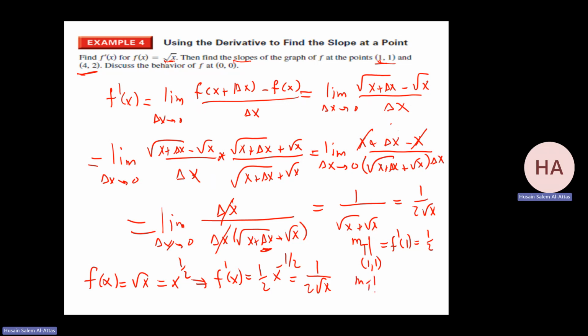At the point 4 and 2, this is my x, so f prime at 4 is 1 over 2 square root of 4, which is 2, so it's 1 over 4. What will happen at the point 0, 0? You have a problem. It will be 1 over 0. So f is not differentiable at x equal 0.